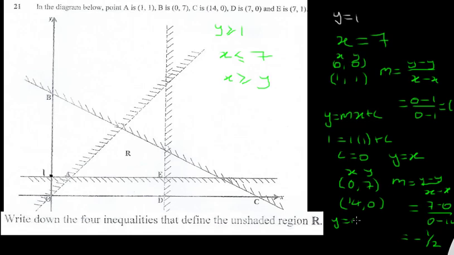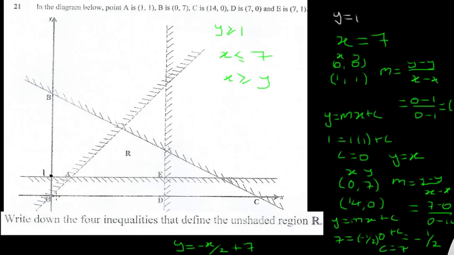So we would have y equals mx plus c, and when y is 7, our x is 0, our m is negative 1 over 2, 0 plus c. So therefore our c equals 7. So we would have an equation which is y is equal to negative x over 2 plus 7, right? Now, which part are we interested in?